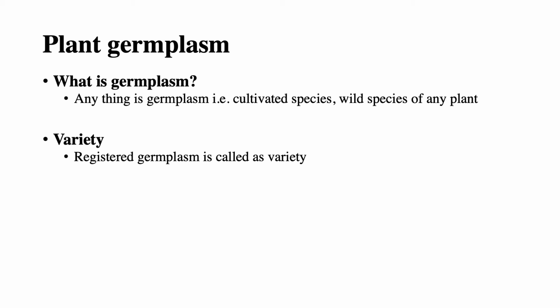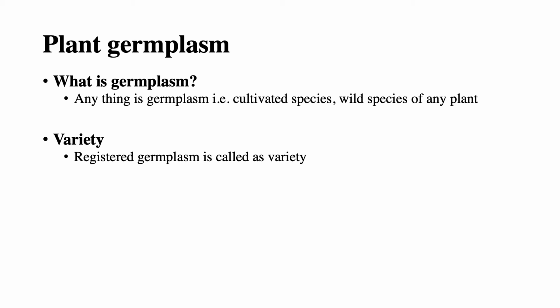It has to pass through a lot of selection procedures, and after all these procedures, we develop a variety in a registered form. So any germplasm which is registered is called a variety, and registration should be given by an authentic body. So there is a difference between germplasm and variety.